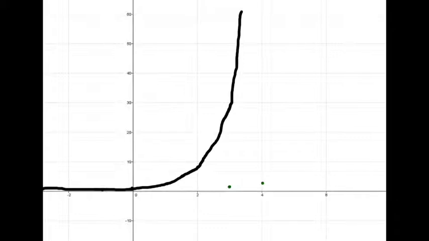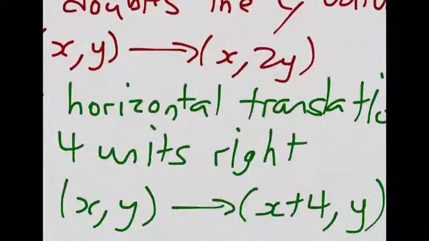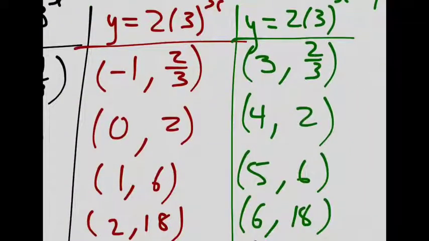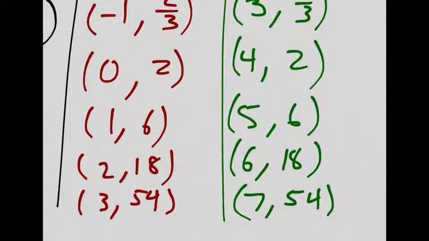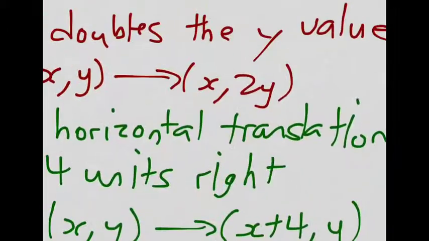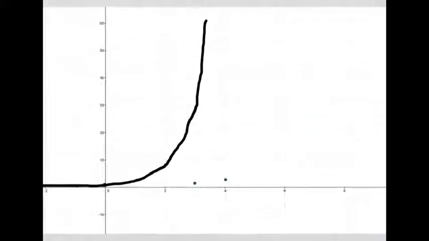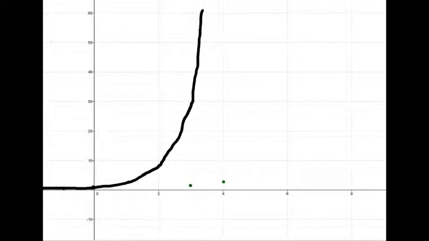We'll go there. Next point. 5, 6. We got 5, 6, 6, 18, 7, 54. Hopefully I can remember all that. 5, 6, 6, 18, 7, 54.